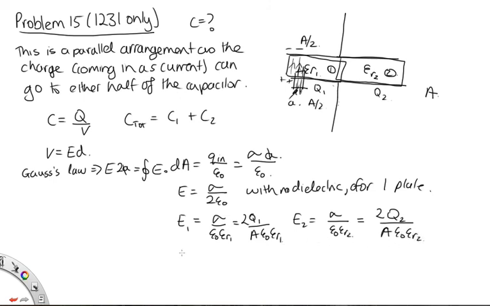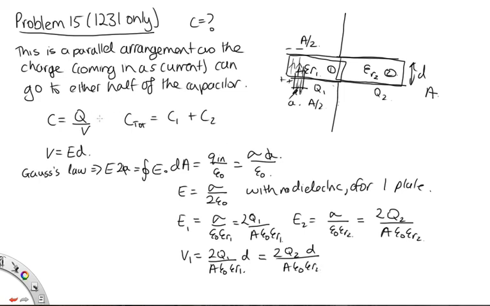Okay, so V1 is equal to just this D. This is our D here, it's on the diagram. So we've got 2Q1 over A epsilon naught epsilon R1 D, and these voltages actually have to be equal. This is equal to 2Q2 D over A epsilon naught epsilon R2.